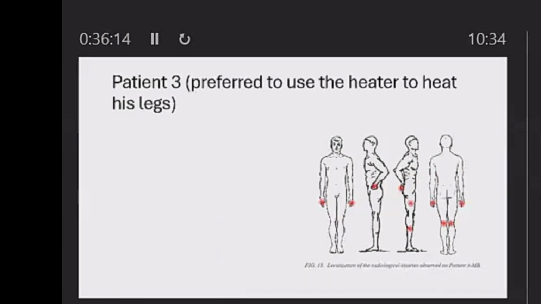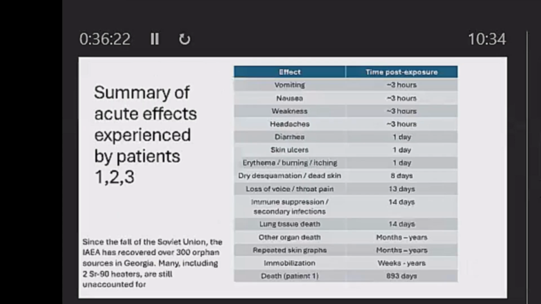Patient 3, he preferred to use a heater close to his legs. He survived after 52 days. Summary of acute effects experienced by patients 1, 2, 3: vomiting, nausea, weakness, headaches all around 3 hours after exposure, diarrhea, skin ulcers, erythema, burning, itching, dry skin problems, skin death.